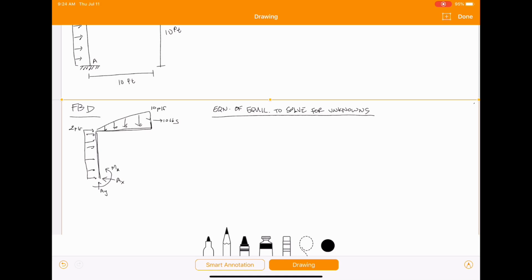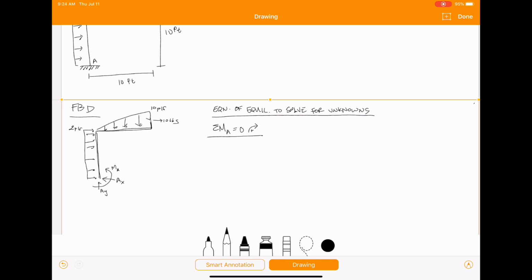So again, I always like to start with sum of moments about a point. So let's do our sum of moments about A equals 0. Choose a direction. I like to choose clockwise. And I always like to pick one end of your system and move to the other so you don't miss anything. So in this case, I'm going to start at the bottom and work my way up and then to the right.